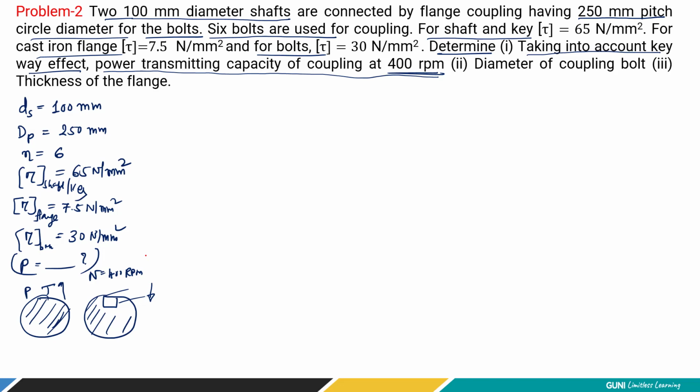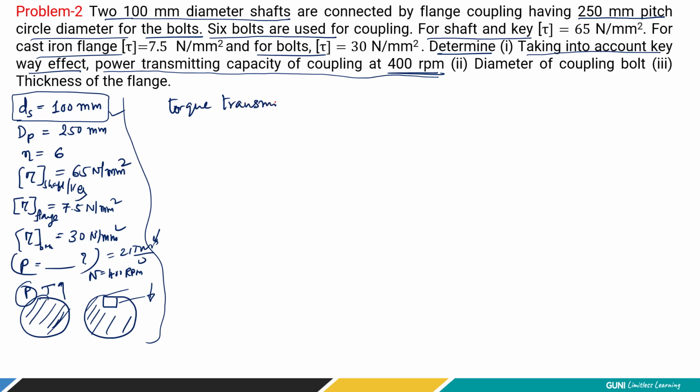Now let's find the torque first, right? Because we need to find the power. The power is only possible by the 2πNT equation, so we need torque. Torque can be found by considering the torsional shear stress failure of the shaft, because the shaft dimension is given to us. So the torque transmitted through the shaft is given as π/16 ds³ times the safe stress of the shaft.